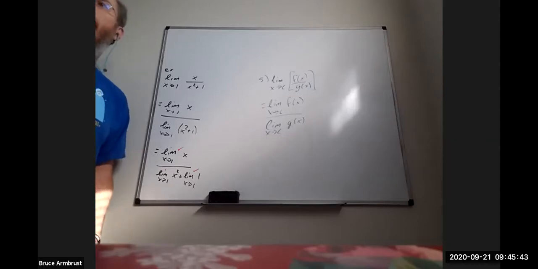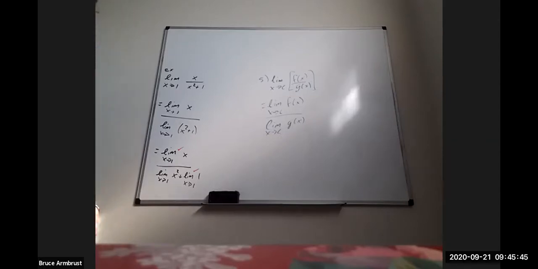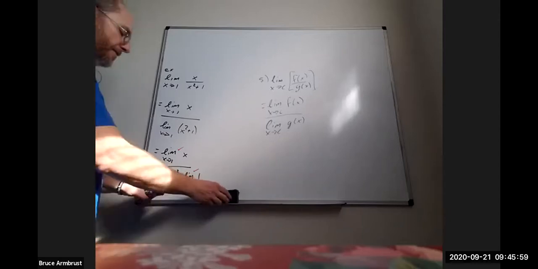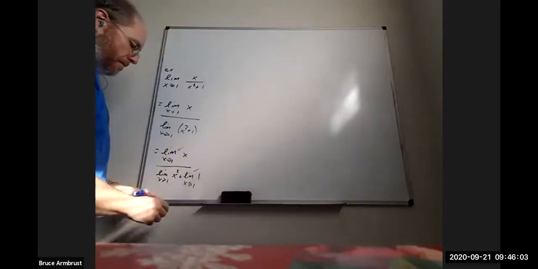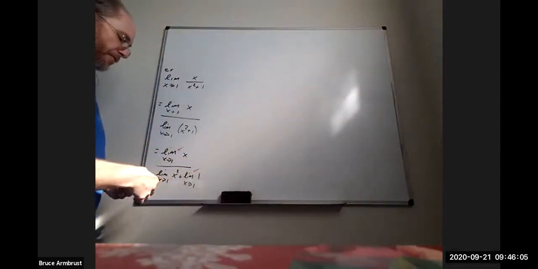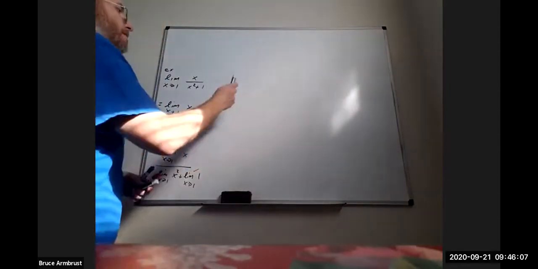Now, I didn't give you a rule for powers, right? There wasn't anything there that had powers, but I did give you a rule for multiplication. And remember that powers are just repeated multiplication. So I can actually think of this as x times x, which means I can split that into two using the multiplication rule.